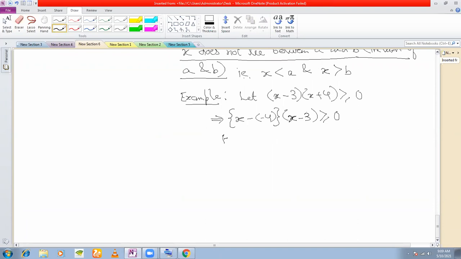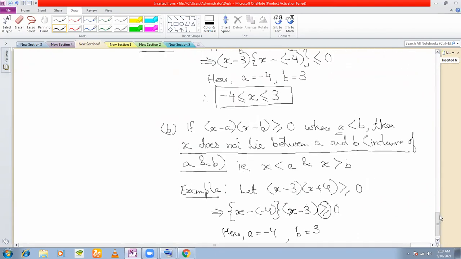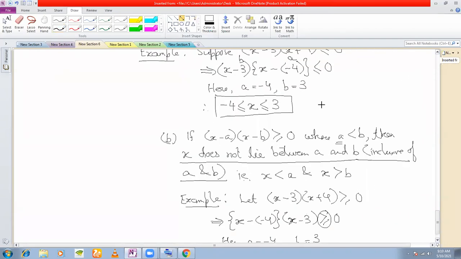That means a here is -4 and b here is 3. Therefore, we can say that x is less than -4 and x is greater than 3, and you give the equality also because here you have an equality. So x less than or equal to -4 and x greater than or equal to 3. That is what it means. Now, can you check it on the number line? What happens on the number line?